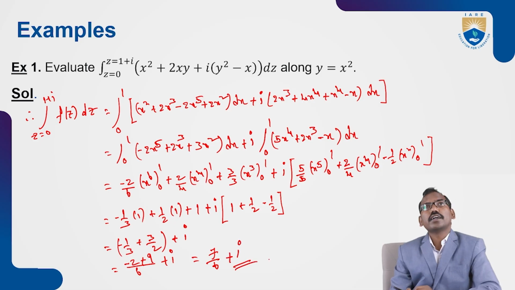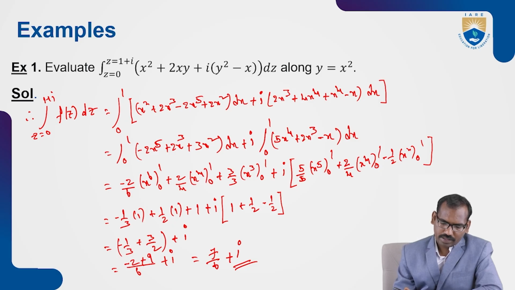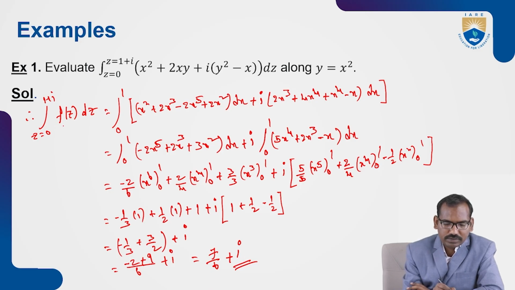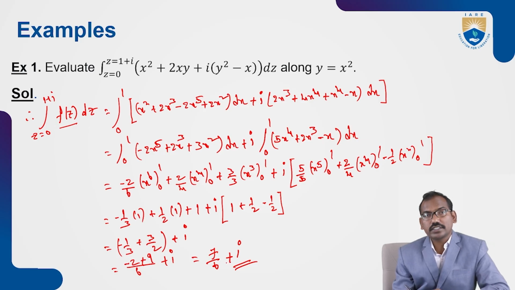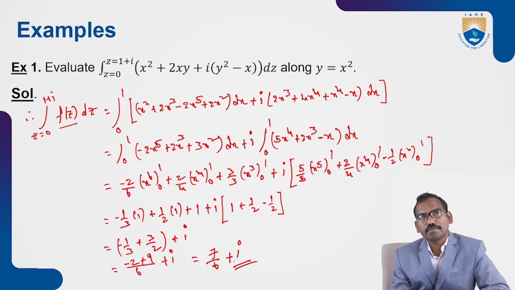So this is the required answer. We are getting a complex number whose real part is 7 by 6 and imaginary part is 1. So we are performing integration of the given function f(z), which varies from 0 to 1 plus i, and we are getting its answer as 7 by 6 plus i.